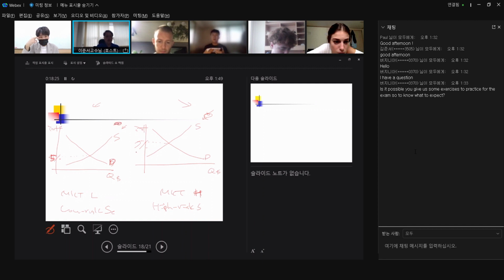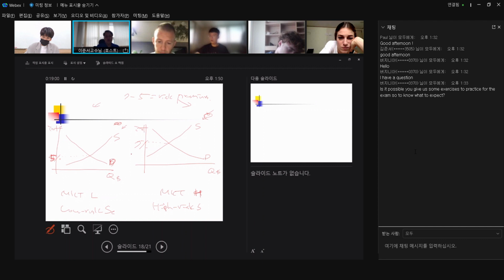That's why the interest rate is set at 7%, using the intersection point of the supply curve and demand curve. Whereas in market L, low risk securities, the interest rate is 5%. Okay, so we would say 7 minus 5 is the risk premium.